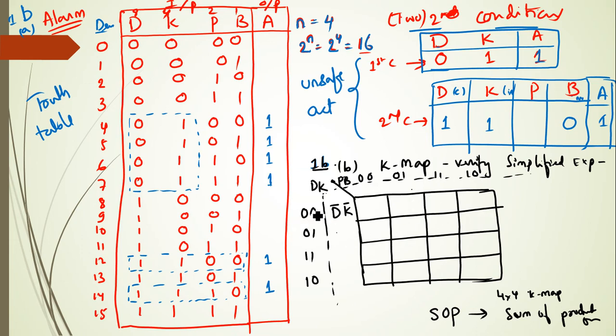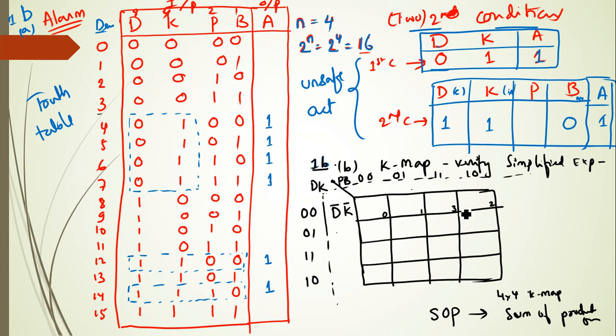If you multiply both, what will happen? 0, 0, 0, 0 gives 0. 0, 0, 0, 1 gives 1. 0, 0, 1, 1 is nothing but 3 in decimal format. And 0, 0, 1, 0 is nothing but 2, so you put it as 2.